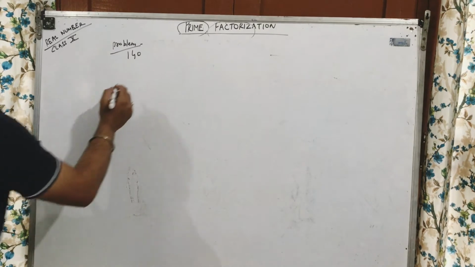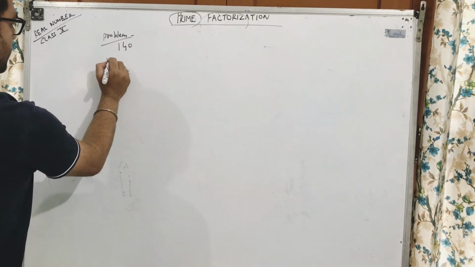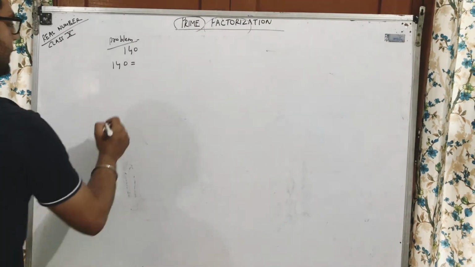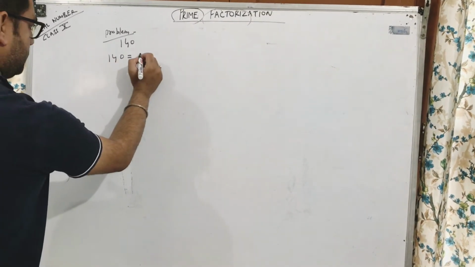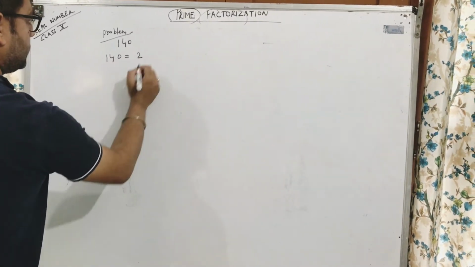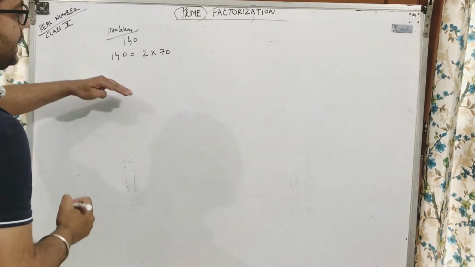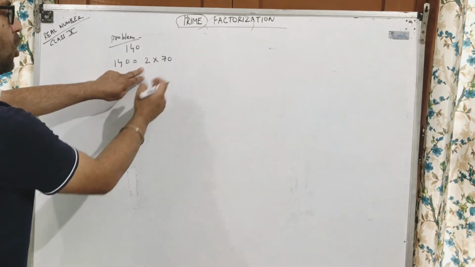Now here we can see that 140 can be written in prime factorization. We will write it as 2 into 70. We have to continue until we have all prime numbers.